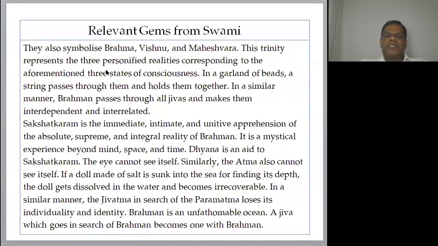This trinity represents the 3 personified realities corresponding to the aforementioned 3 states of consciousness. In a garland of beads, a string passes through them and holds them together. In a similar manner, Brahman passes through all jivas and makes them interdependent and interrelated.